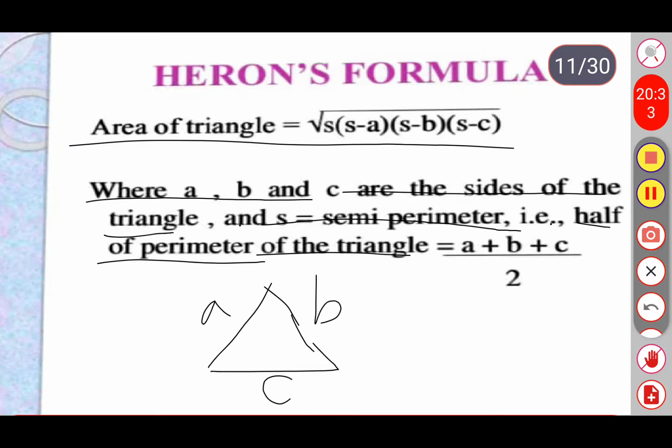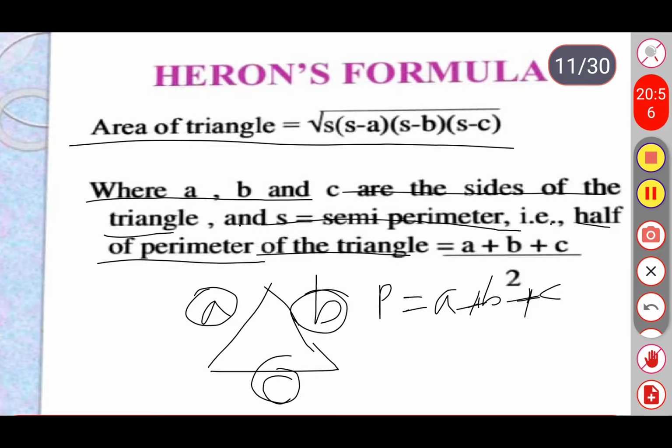In that, p means perimeter of the triangle, which is equal to a plus b plus c, the sum of the three sides of the triangle. This is the perimeter calculating formula, sum of three sides of the triangle.